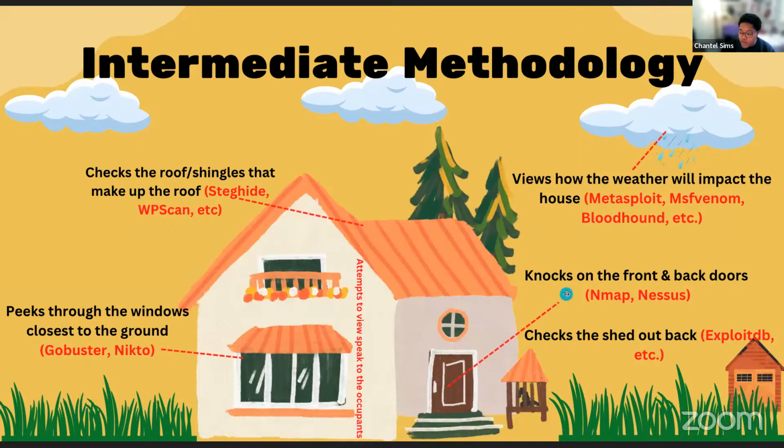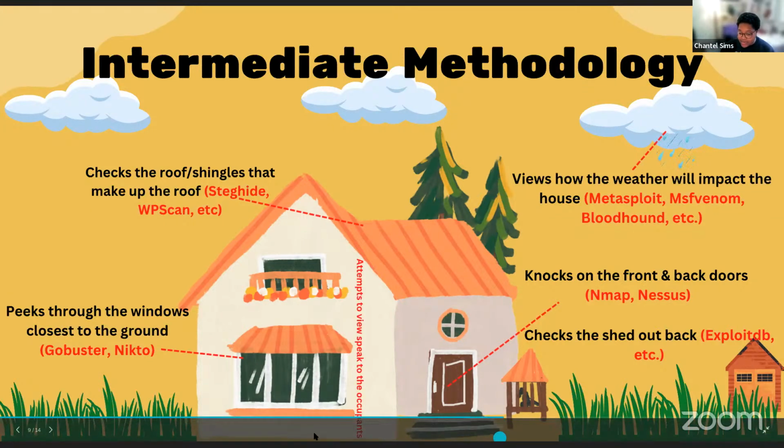You're starting to run more targeted Nmap scans. Again, like fragmentation scan or idle scan or zombie scan, those are more advanced techniques with Nmap, right? Now maybe you're looking at how the weather impacts the property or your client's application or your network. Your view is now expanded as an intermediate level pen tester.